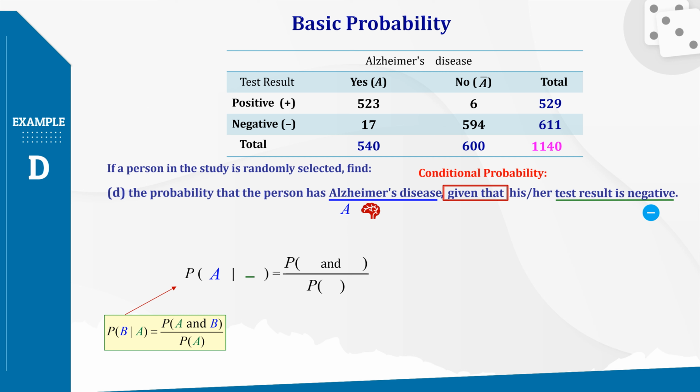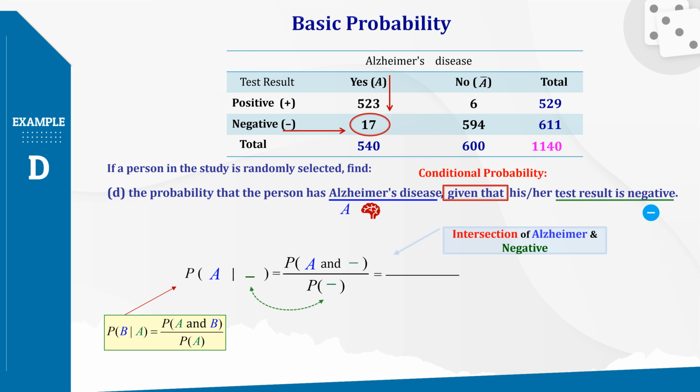Apply the conditional formula for this question to get the joint probability of A and the minus symbol on the numerator, and place the probability of the right side, the minus symbol, on the denominator. For the intersection of Alzheimer's disease and the negative result, we have 17 cases.